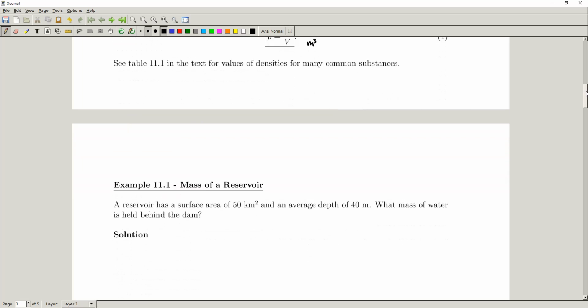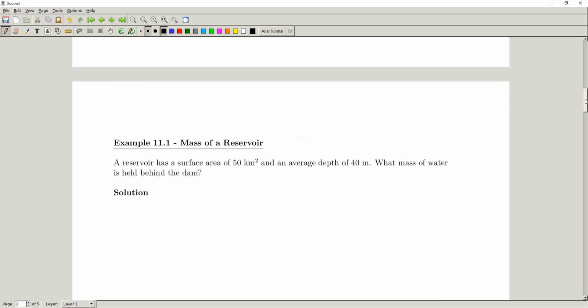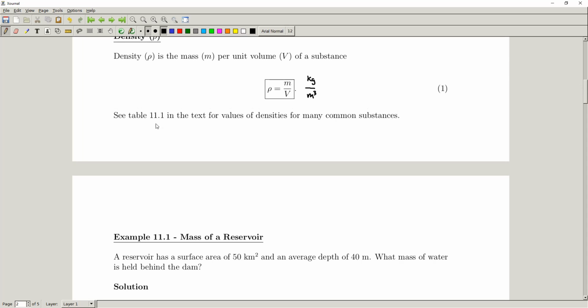Let's take a look at a quick example here. I think I have this one directly from the text. Oh, maybe I should mention, before I get into the example, that there is a nice table in the textbook, table 11.1. In my edition of the textbook, it's on page 392.